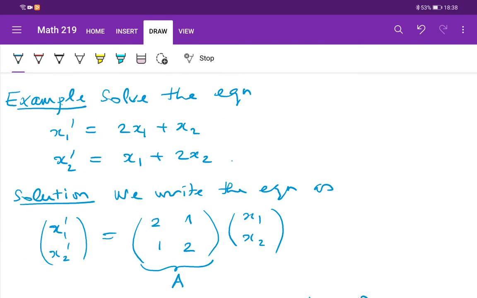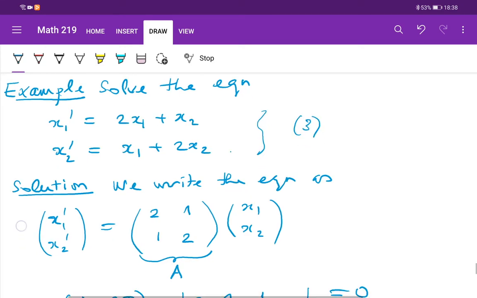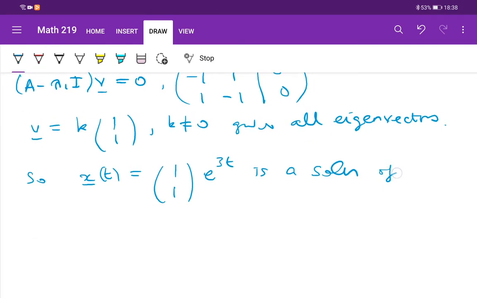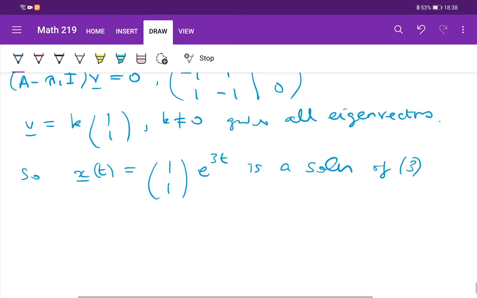This equation here, we might call it 3. If I choose a different k, we get a multiple of this, and this is obviously another solution by the superposition principle. So we might as well put k equals 1.